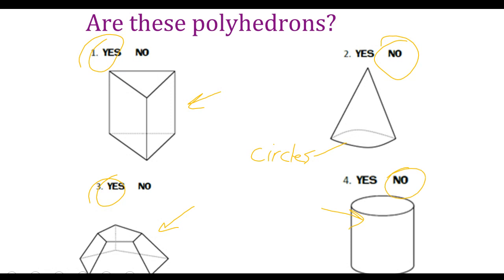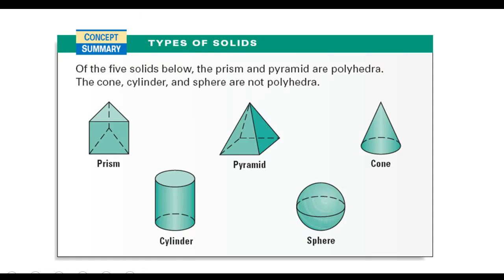A cylinder would not be a polyhedron. So pretty straightforward on those fronts. Of the 5 solids below, the prism and pyramid are polyhedra. Like we were defining before, the cone, cylinder, and sphere are not polyhedra. Anything with curves, like we just said.